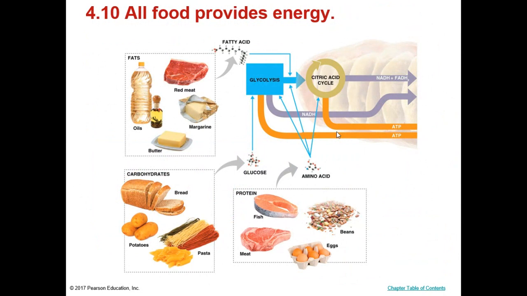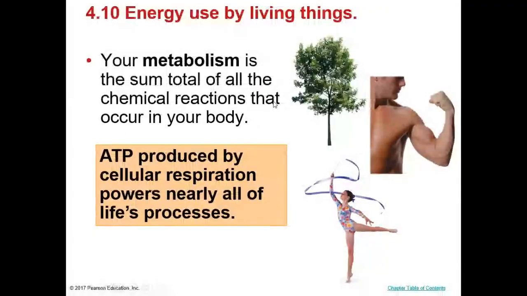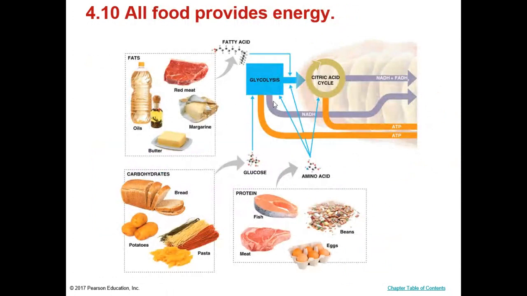Okay, so some of those reactions that I showed you right now, from glycolysis, the citric acid cycle, and the electron transport chain, all of those contribute to metabolism, right, to make ATP. And that's essentially what it is. Metabolism is making energy so that we can have ATP available to do all types of work.